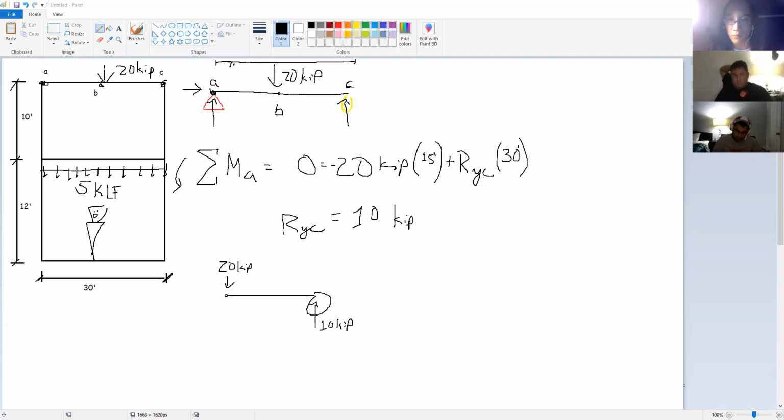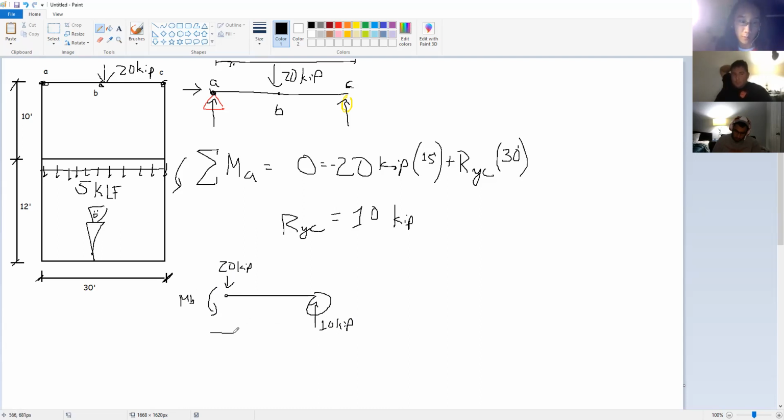And then we're going to find the bending moment right here at point B. So this is MB.